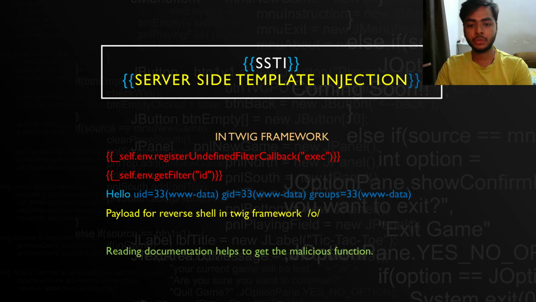In this one, for a framework, this input will give you the shell, where you call the function exec and put some values for it, and you get command execution.